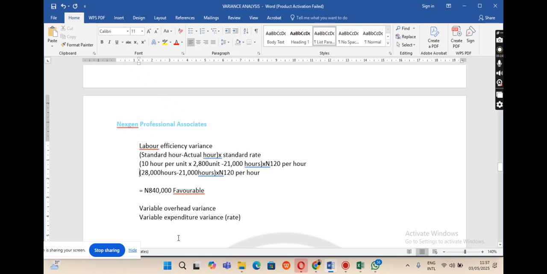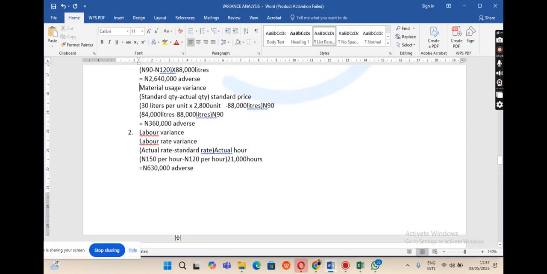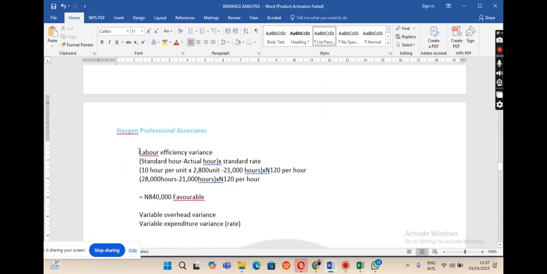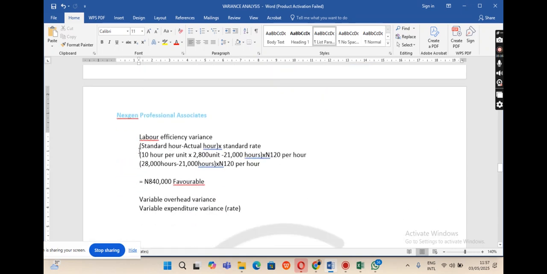So I can copy this formula under rates and say actual. Then I will change it, instead of labor, to actual variable overhead rates minus standard overhead rates times the actual hour.